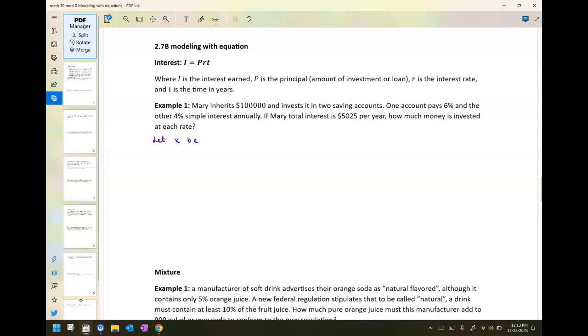Let X be the amount of money invested in the account that earns 6% interest.